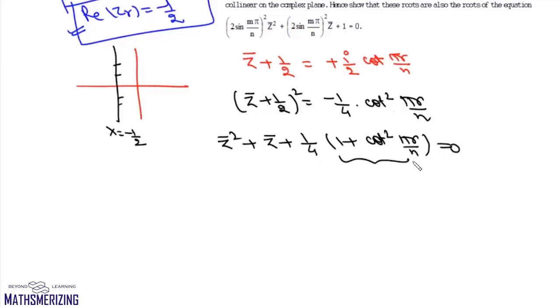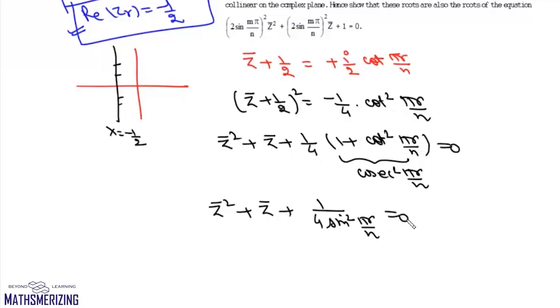Now 1 plus cot square theta is cosec square theta, so we'll write this as cosec square pi r by n, and if we write cosec square x as 1 upon sine square pi r by n, then we'll get z bar square plus z bar plus 1 by 4 sine square pi r by n, it is equal to 0.